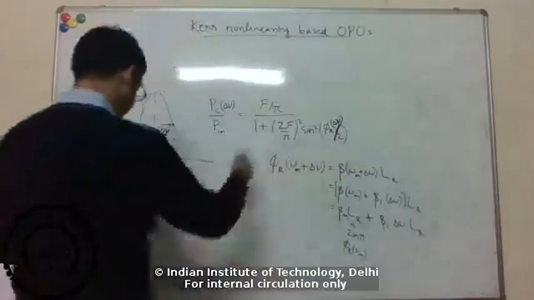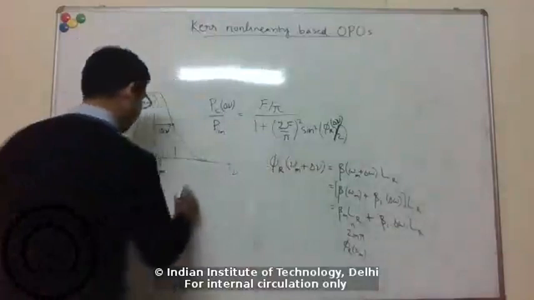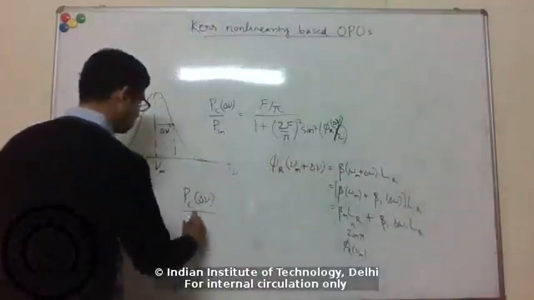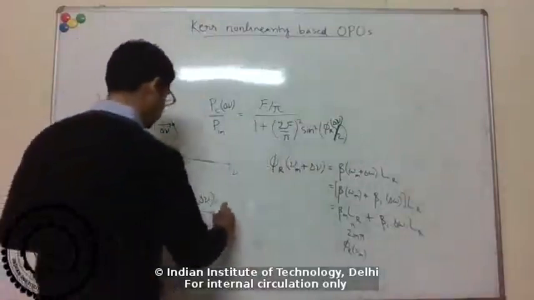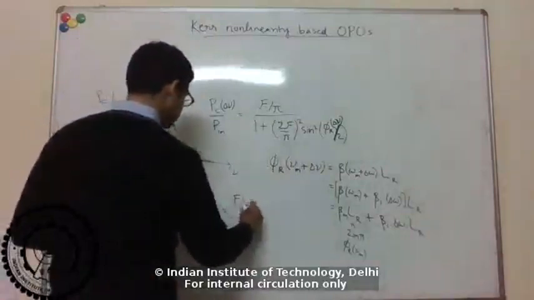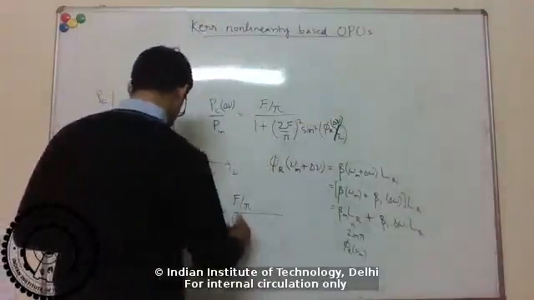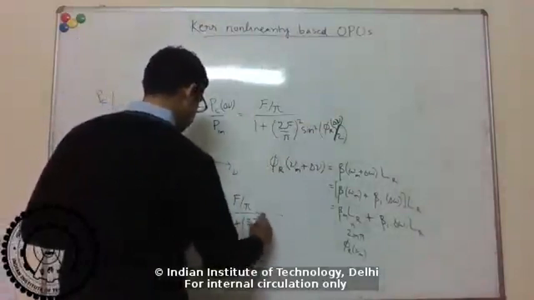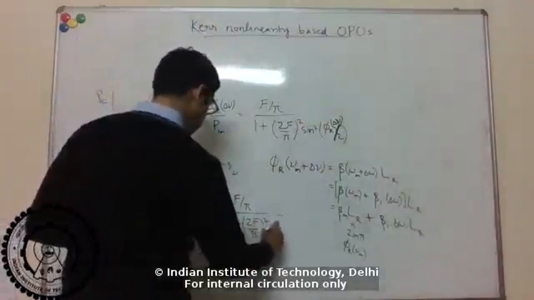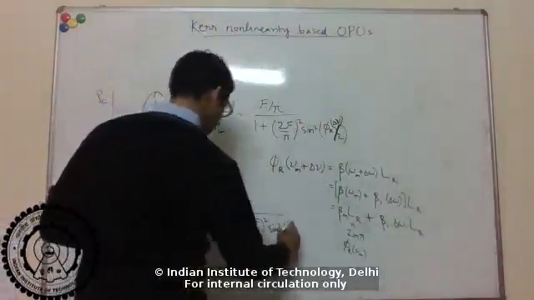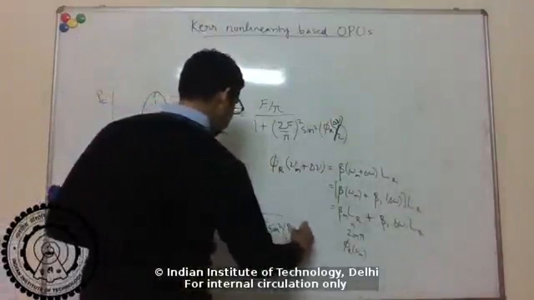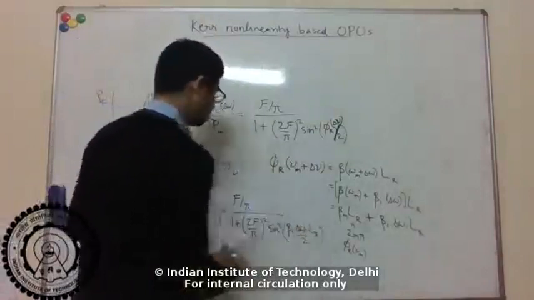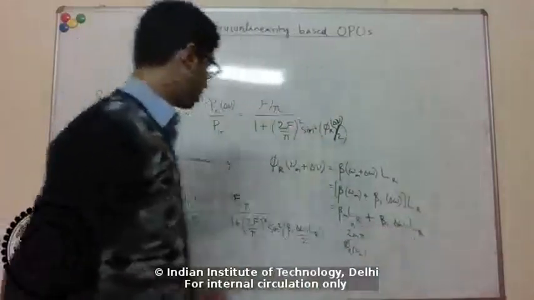So that means I can write, for a detuning delta nu, the power in the cavity is proportional to sine square of beta 1 delta omega LR by 2, right? So only this term survives.